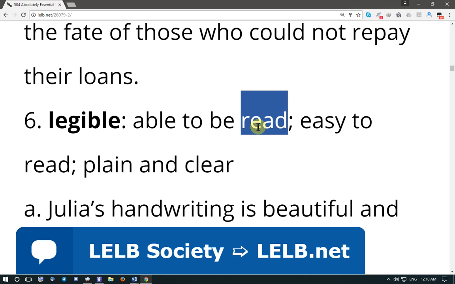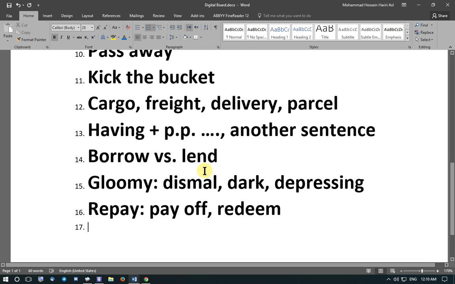So read, read, read. Able to be read. Here it is in a passive voice. Easy to read. Pay attention. Able to be read. Easy to read. Plain and clear. The opposite is illegible. Okay.